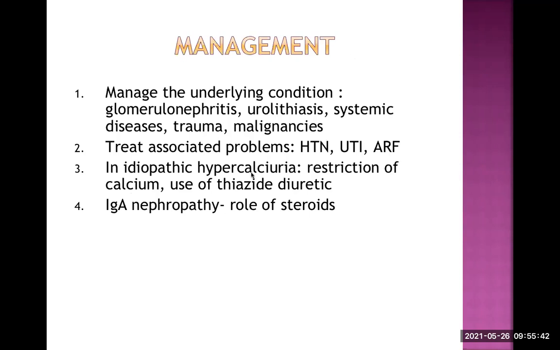In idiopathic hypercalciuria, restriction of calcium and use of thiazide diuretics are usually given. Thiazide diuretics are given in this type of case because thiazide diuretics will not allow calcium to be excreted, whereas a loop diuretic will lead to excessive excretion of calcium in the urine. So exactly the opposite effect there. And IgA nephropathy is treated by corticosteroids.